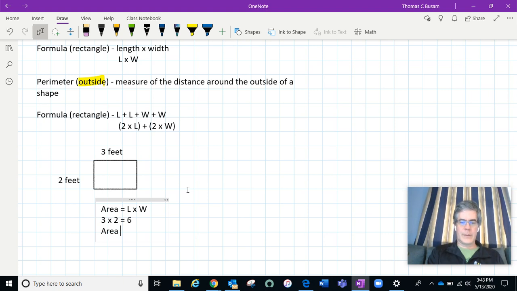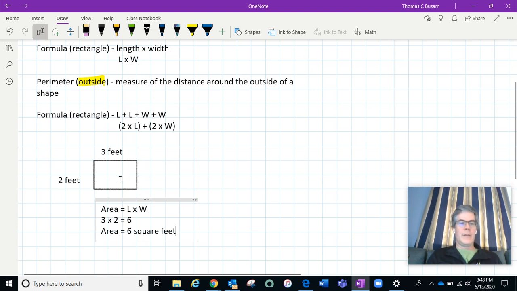So the area equals 6 units, and this time it's feet, so square feet. In this picture, it's a little bit light, but you can see the grids make squares inside. So this is 1 unit, so this is 1 square foot. You have another square foot, and another square foot.